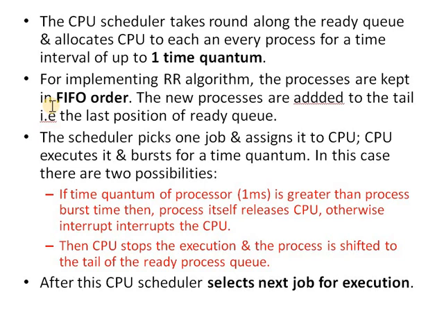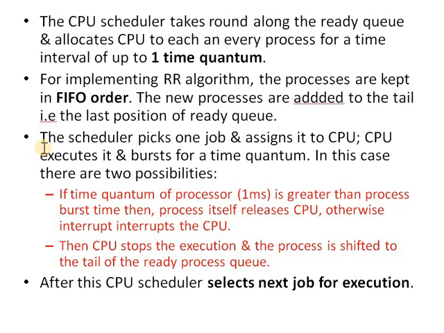The process which comes first is allocated to the head, and the new process is always added to the tail of that queue.